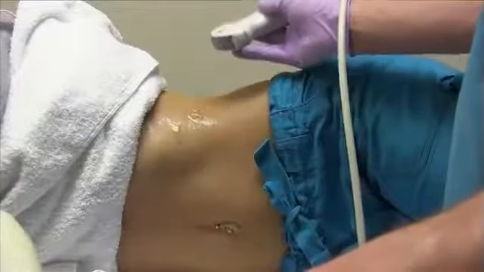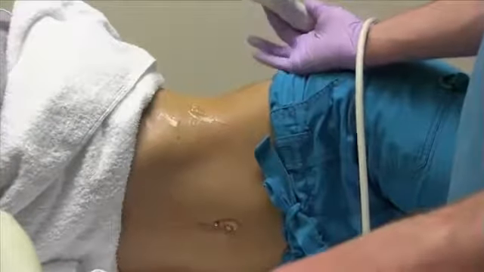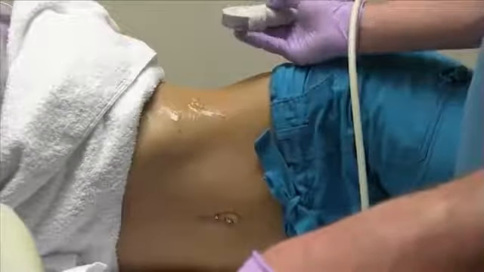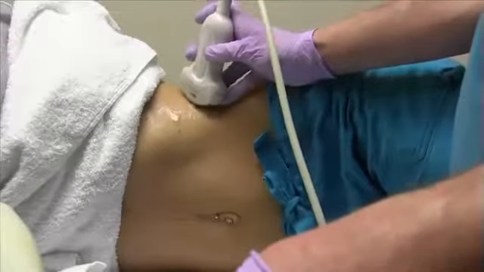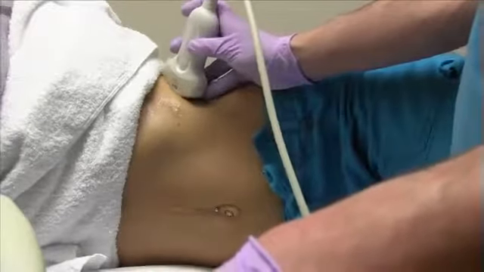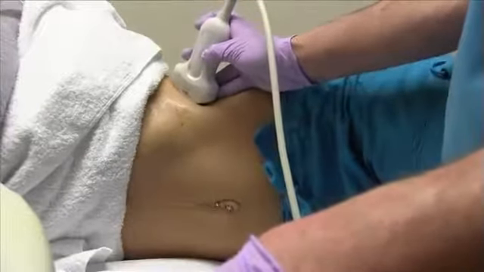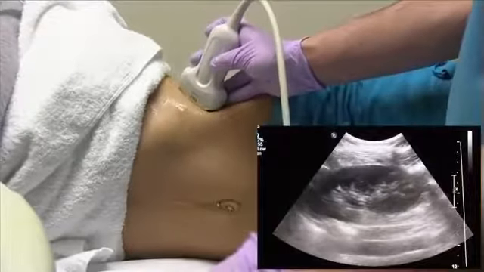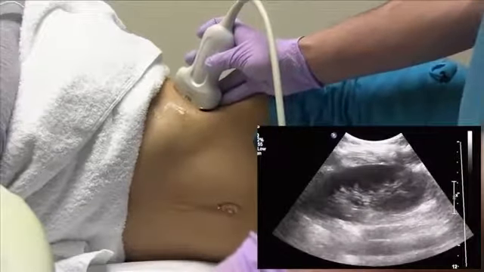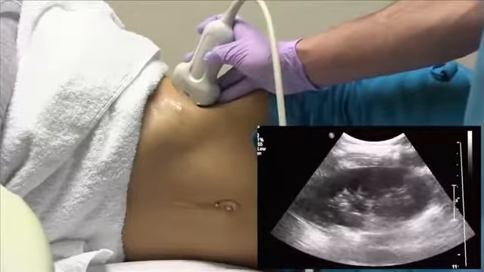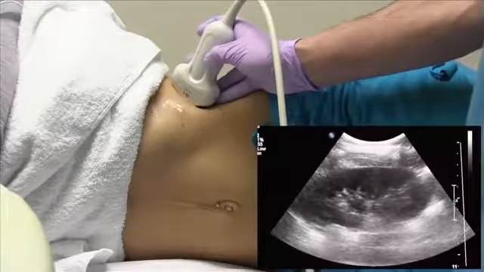To image the left kidney, we usually have the patient turn up into a right decubitus, so they're facing you, and usually you're going to be below the rib spaces here. And the important thing to remember for the kidneys is the upper pole of the kidney is going to be slightly more posterior.